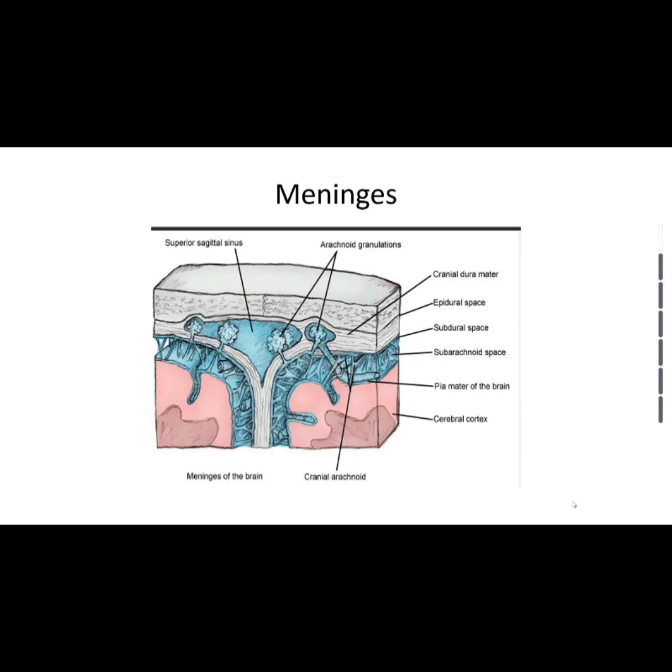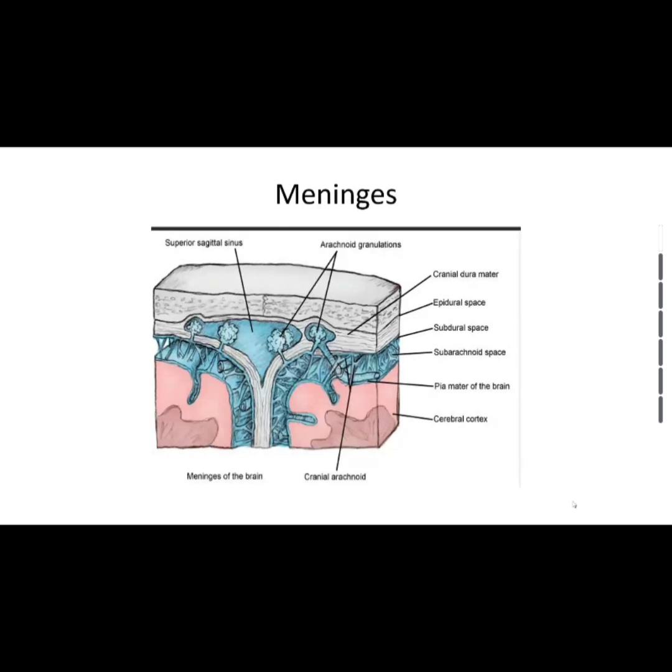After the dura mater, we have a space between the dura mater and the arachnoid. We call it the subdural space, a potential space, a small space. And then after that, we have the arachnoid mater.